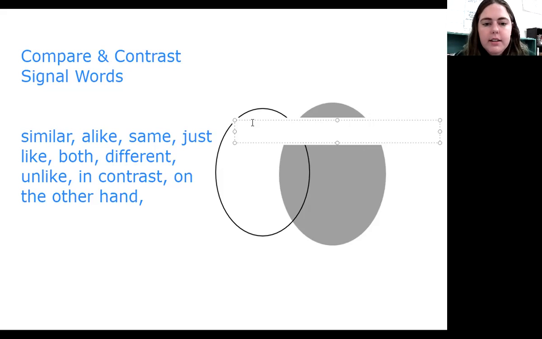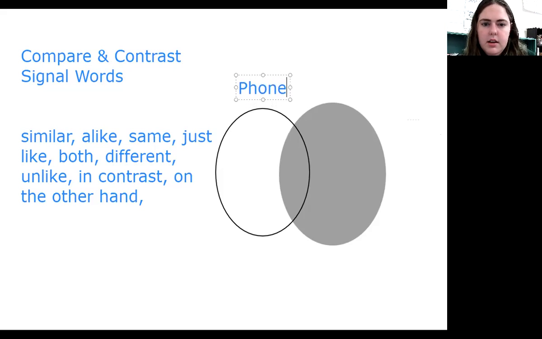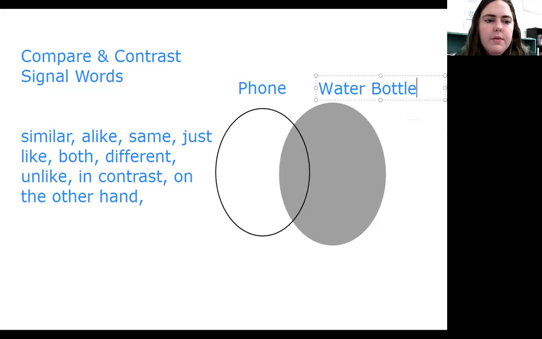I put phone up here, and water bottle here.